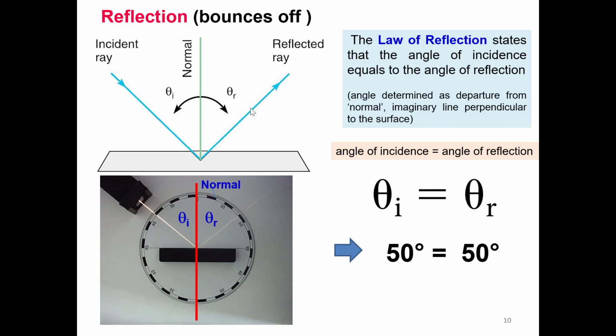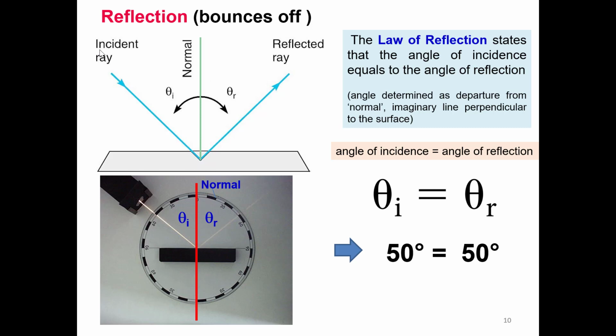To study this, we want to add one more parameter to this phenomenon: the normal. The normal line, which is the green one, is an imaginary line that is perpendicular to the surface.